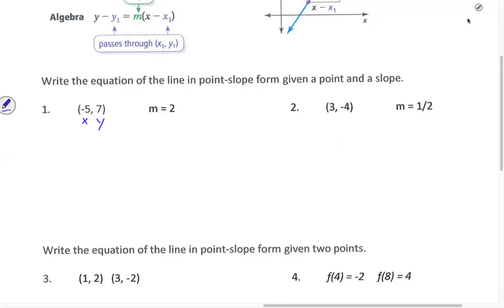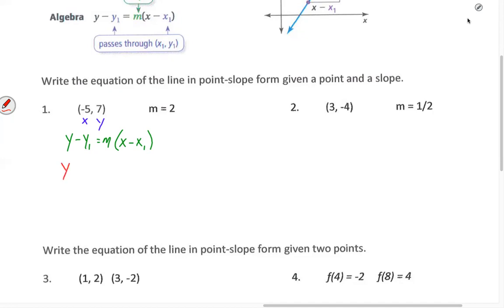Now when I write my equation, it's no longer y equals mx plus b, but y minus y1 equals m times the quantity of x minus x1. And now I have to substitute. What is y? 7.